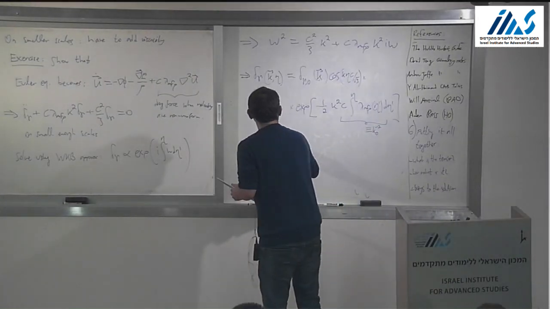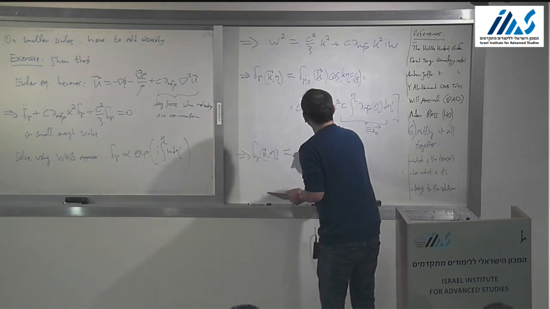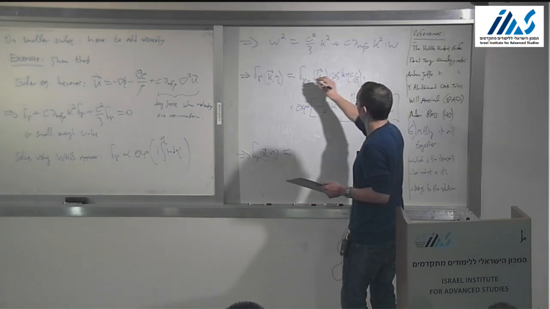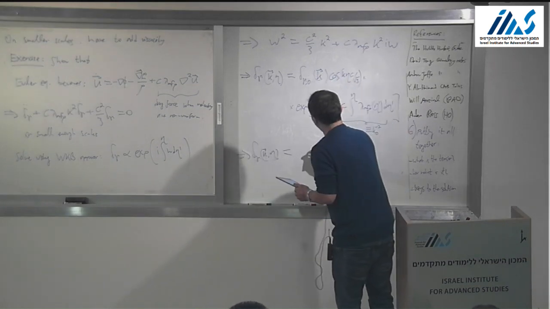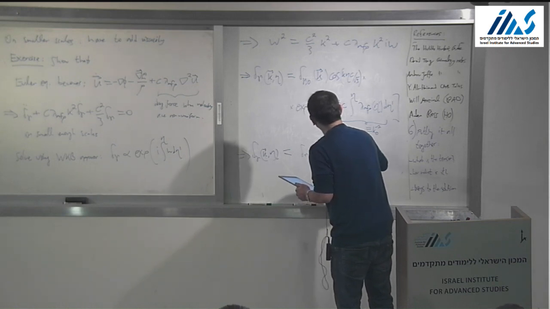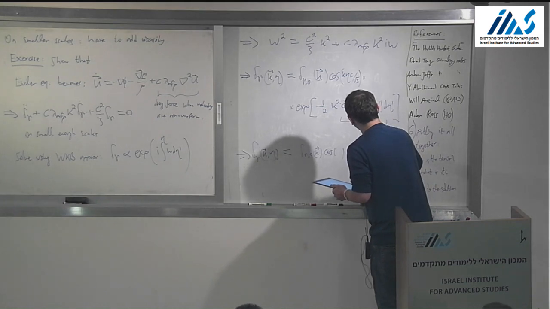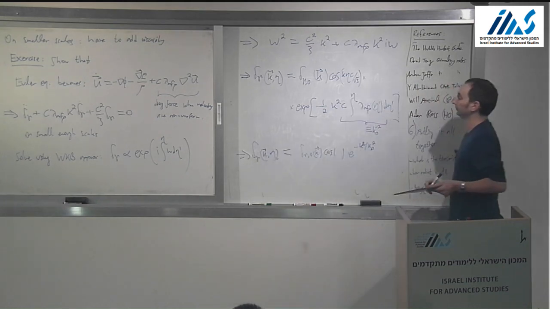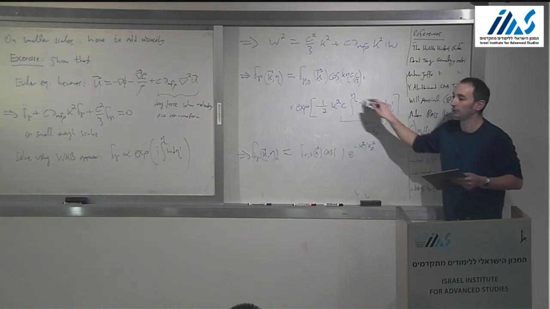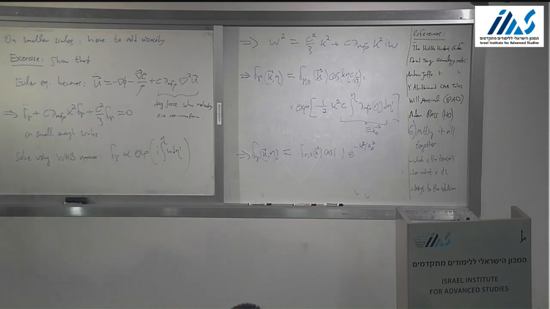And what I get is that the perturbations now look like the same cosine times e to the minus k squared over k_D squared. Maybe you need to absorb the 2 here as well. Okay.